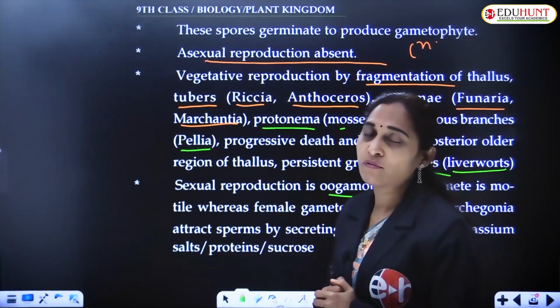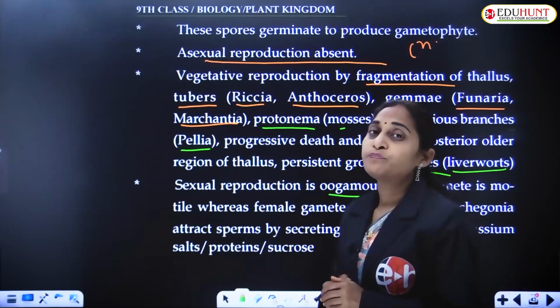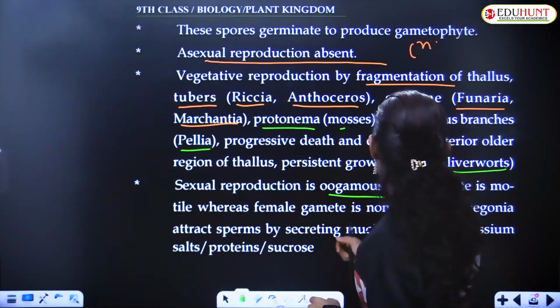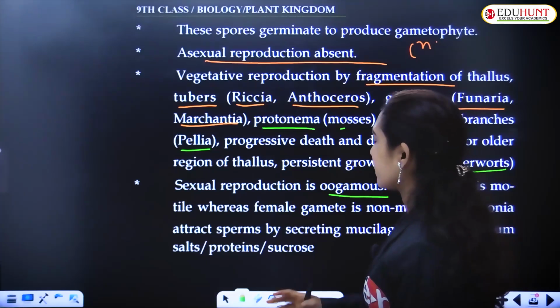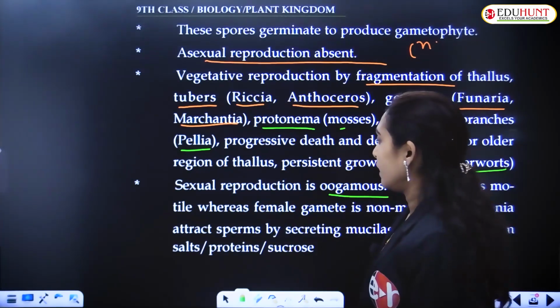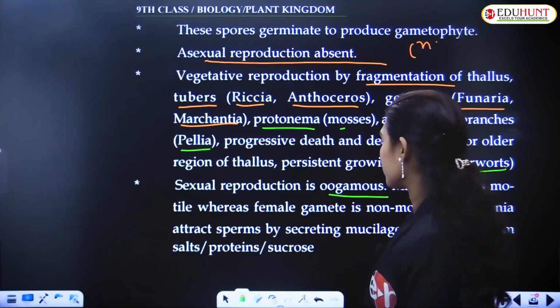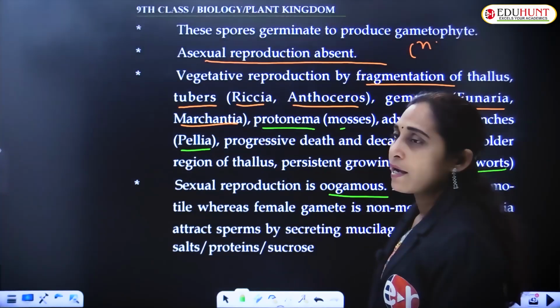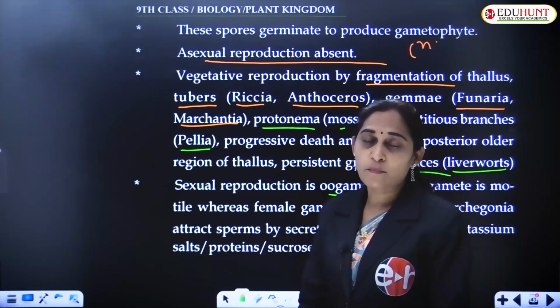The male gamete will swim and reach the female gamete for fertilization. The male gamete is motile and the female gamete is non-motile, and the archegonia attract the sperm by releasing some sort of chemicals.